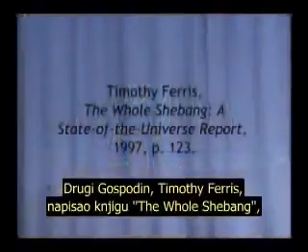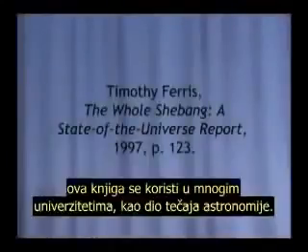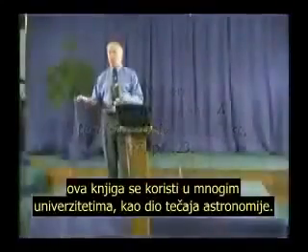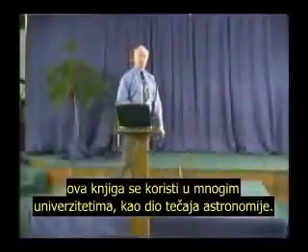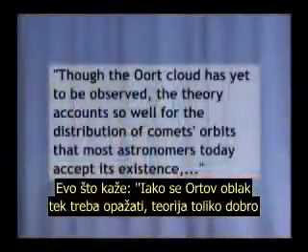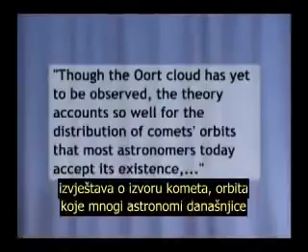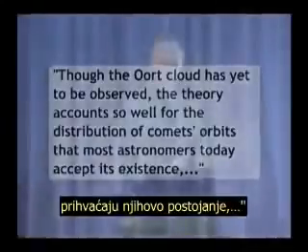Now, here's another gentleman, Timothy Ferris, who wrote a book called The Whole Shebang, A State of the Universe Report, 1997. This book is actually used as a text in many universities as part of their astronomy course. And this is what he has to say: Though the Oort cloud has yet to be observed, the theory accounts so well for the distribution of comets' orbits that most astronomers today accept its existence.